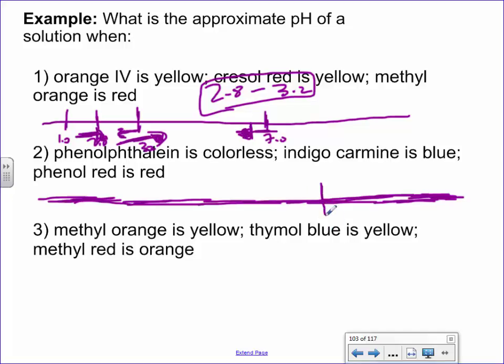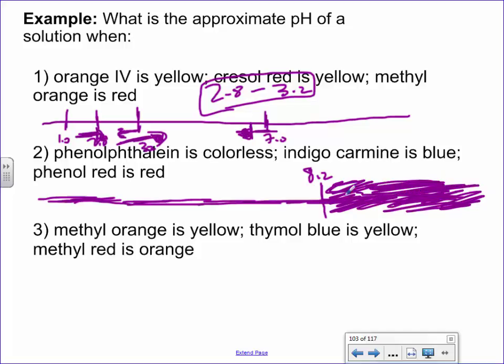So what I might recommend we do then is put an 8.2 on here. And when we do what's called reverse shading, I'm going to shade everything more than 8.2 and black it out. And basically what that means is this section here is where it's not. So 8.2 and greater is not where the answers are, but lower than 8.2, that's where the pH could be.